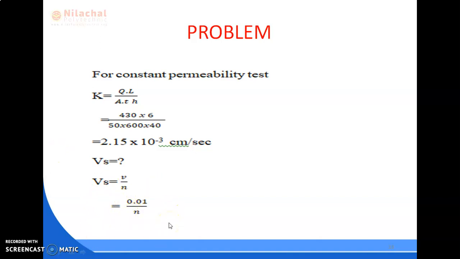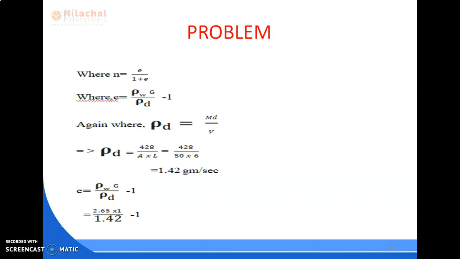So n equal to e by 1 plus e, where e we know by the formula G rho W by rho D minus 1. Here rho W is known to us, G is given, unknown is rho D.